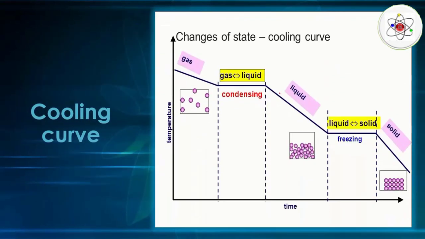So moving on, the cooling curve now. The cooling curve is just the opposite of the heating curve, in which a gas is cooled down. The temperature of the gas decreases until a point is reached where gas starts changing into liquid, and this point is the same as the boiling point; it is called the condensing point, and the process is called condensation.